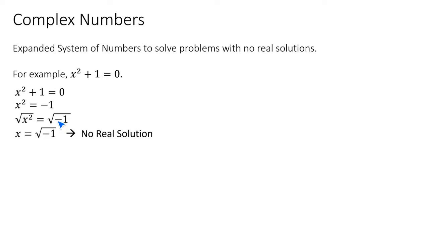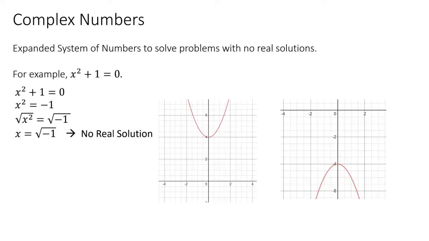But once we have that negative in here, then we know that there's no real solution. So in order for the mathematicians to continue their work, they said, let's create this whole new number system so that we can proceed. And so it's the complex numbers, and actually you might know it as the imaginary numbers.